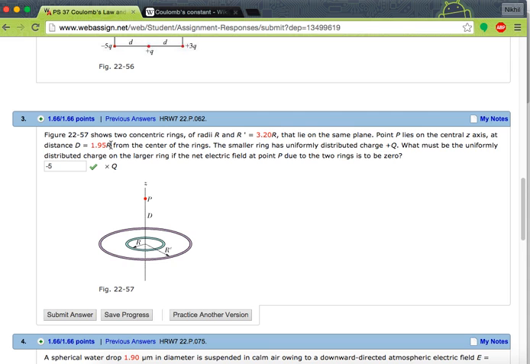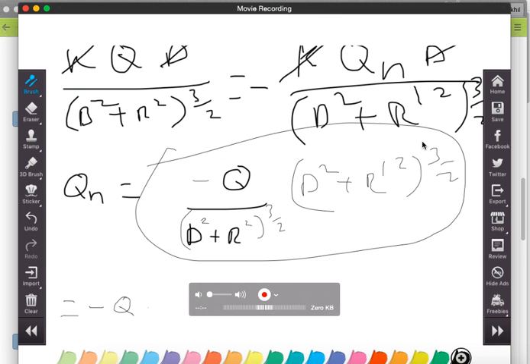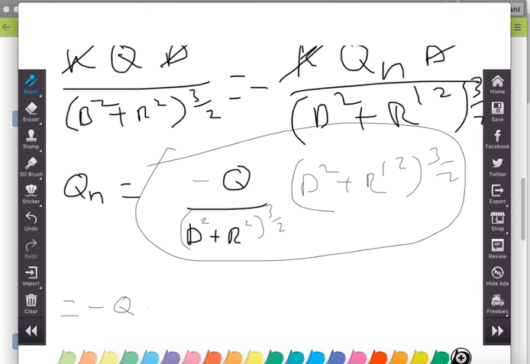R prime is equal to 3.2 R, so 3.2 squared times R squared, which is 10 point something. If you add those, you get 14 R squared raised to the 3 over 2, which is R cubed times 14 raised to the 3 over 2. On my calculator, I get 52.